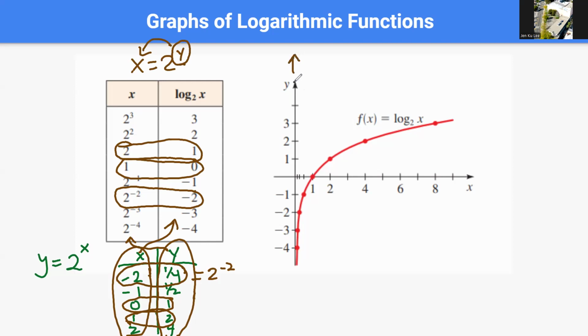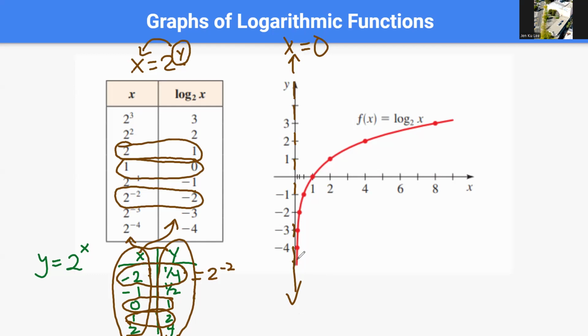Your asymptote line, or the fence that this graph can never, ever cross, is right there. It's your y-axis, or x equals 0. And then it'll just be a curve going towards your asymptote.